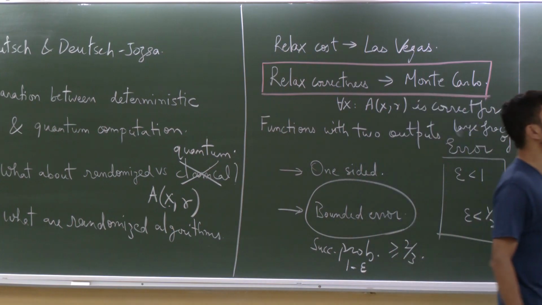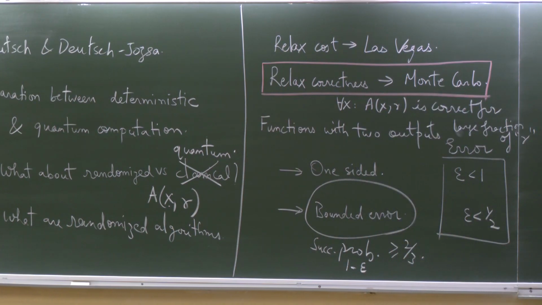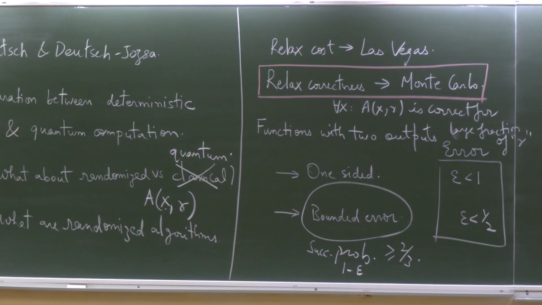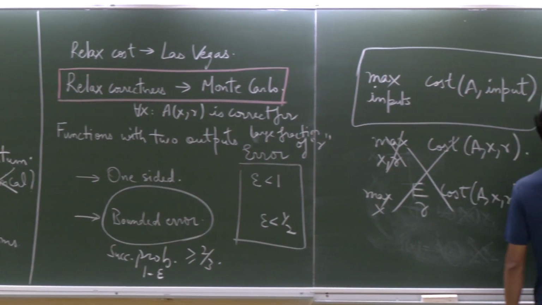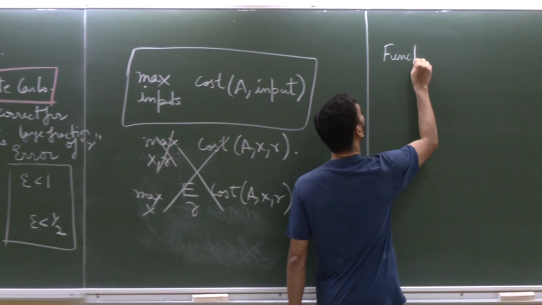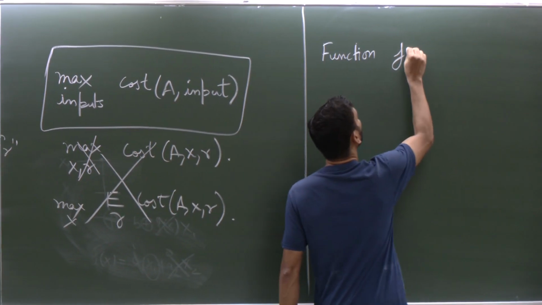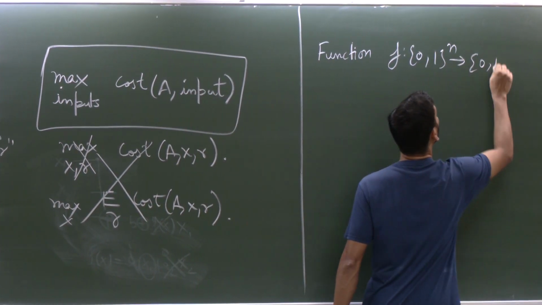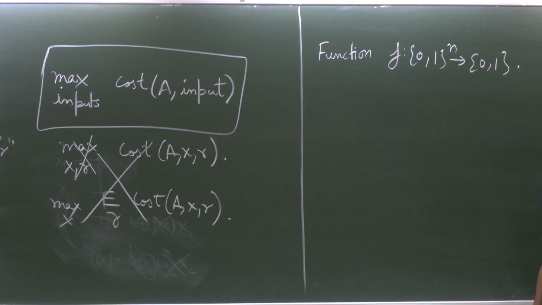And in terms of places where randomized is advantageous, we already saw an example: calculating pi. But today, I'm going to give you another example, which is computing a function like this, and this is going to be our model of study for a lot of time.